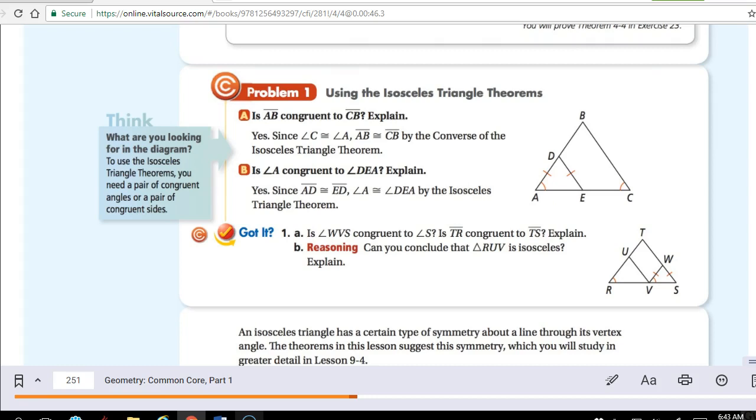And sadly, we just don't have enough information because we don't know if those two sides are congruent to each other. All we know is that angle matches that one, but we don't know that that side is congruent to that side. So we just don't have enough information for number 2 to prove that that is an isosceles triangle.